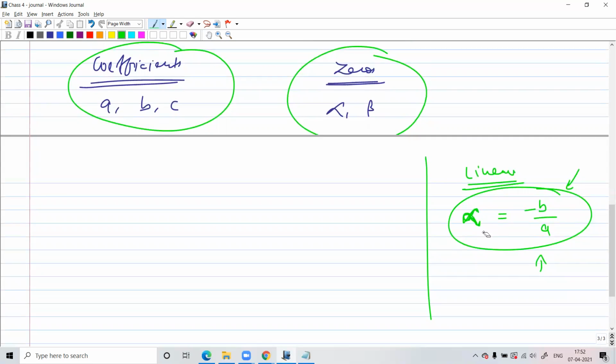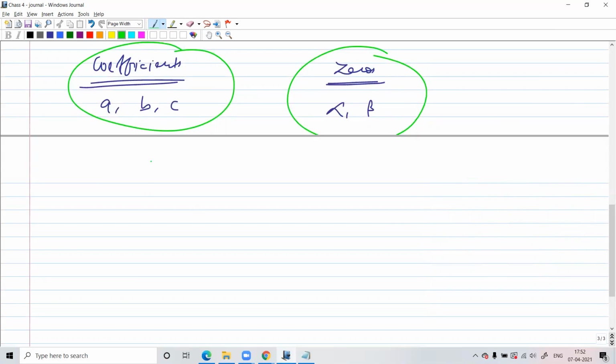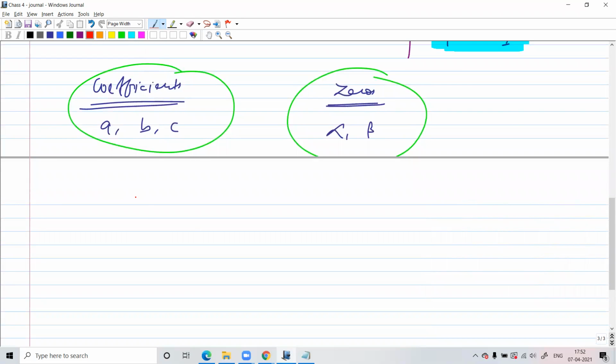Okay, so linear relation is clear. Now in this part, we are going to understand the relation between the zeros and coefficients of quadratic polynomial. So those of you who had already attended, anyone knows what is the relation? Do you remember?